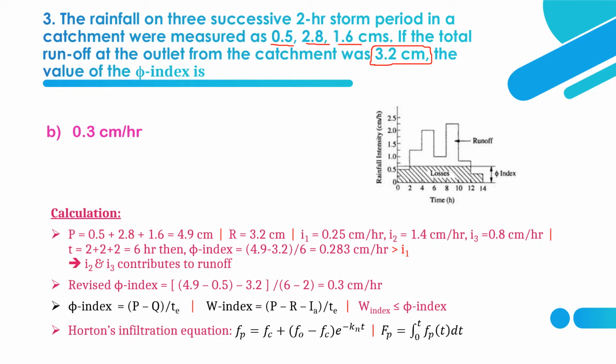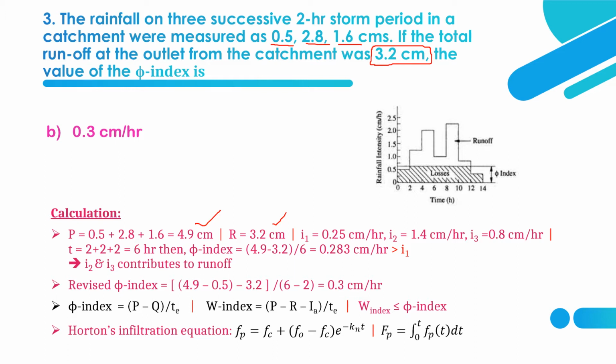Now let's see how it is calculated. First step is summing up all the precipitations. What are the precipitations given? 0.5 centimeter, 2.8 and 1.6. So the sum total of the precipitations is 4.9 centimeter. And what is the total runoff? 3.2 centimeter, they have given already. And we have to calculate the individual 2-hour storm period intensities.